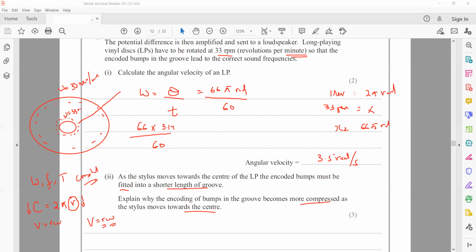Omega is constant, so if the radius is decreasing, the tangential speed should also decrease. So it should move slower here. To move it slower, that's why these grooves are placed closer to each other compared to the grooves placed elsewhere. The number of grooves is the same, but the grooves are placed closer. So it will slow down its tangential speed.